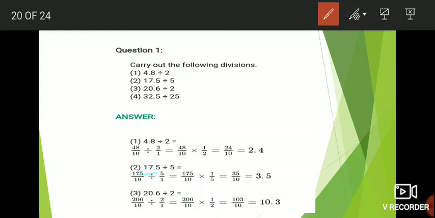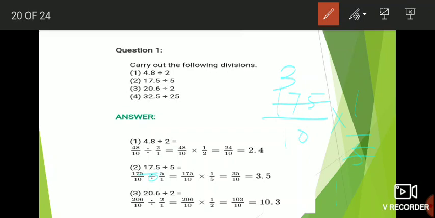Now second one, see, 17.5 is there. After the point only 1 digit is there, so ignore the decimal point in the numerator and write 1 0 at the denominator followed by the 1. Now here instead of the division again we have to do the multiplication and the reciprocal of the second number, that is 5 upon 1 becomes 1 upon 5. 5 ones are 5, 5 threes are 15.